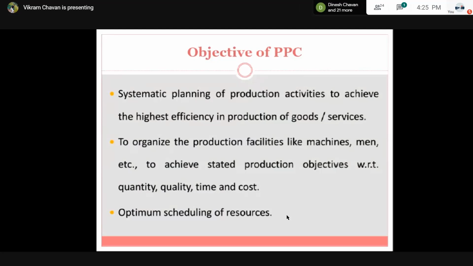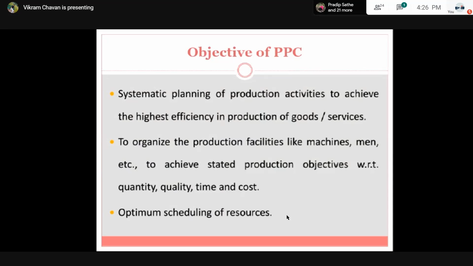So this is the objective of a PPC, that the production department will achieve its objectives: quantity, quality, time, and cost.